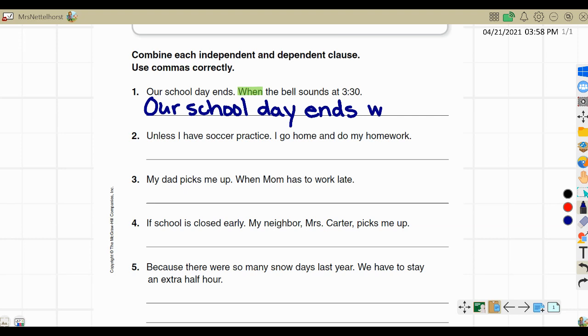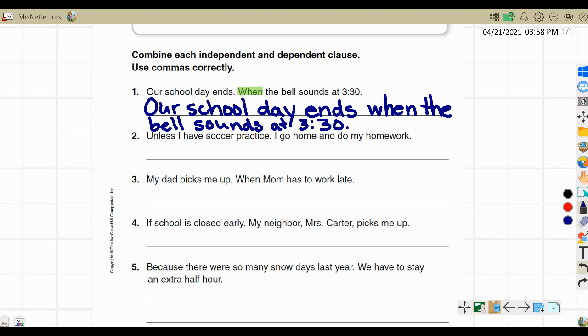So I just make a lowercase w on when the bell sounds at 3:30, period. Okay?